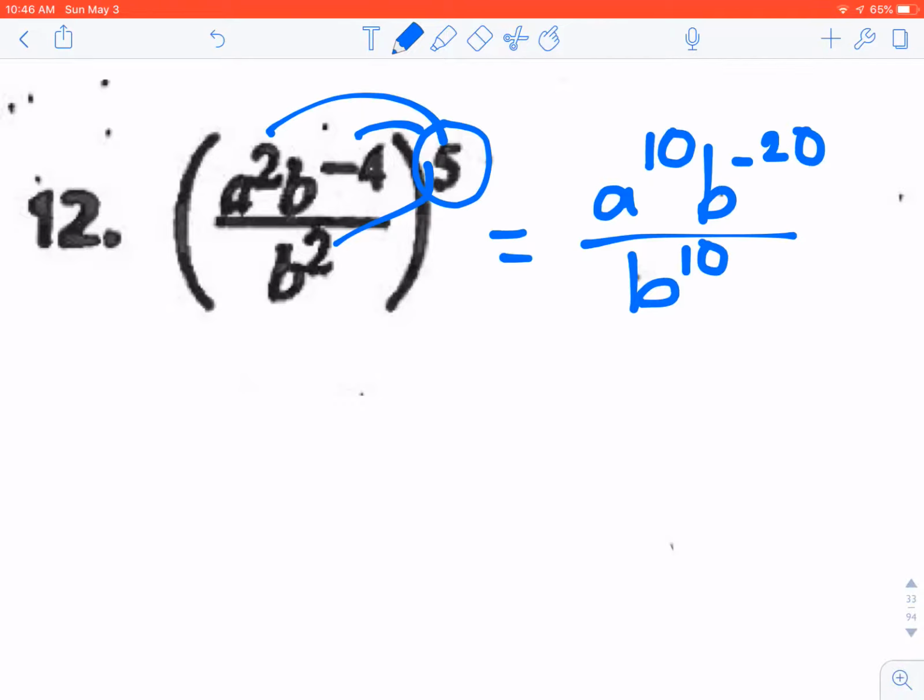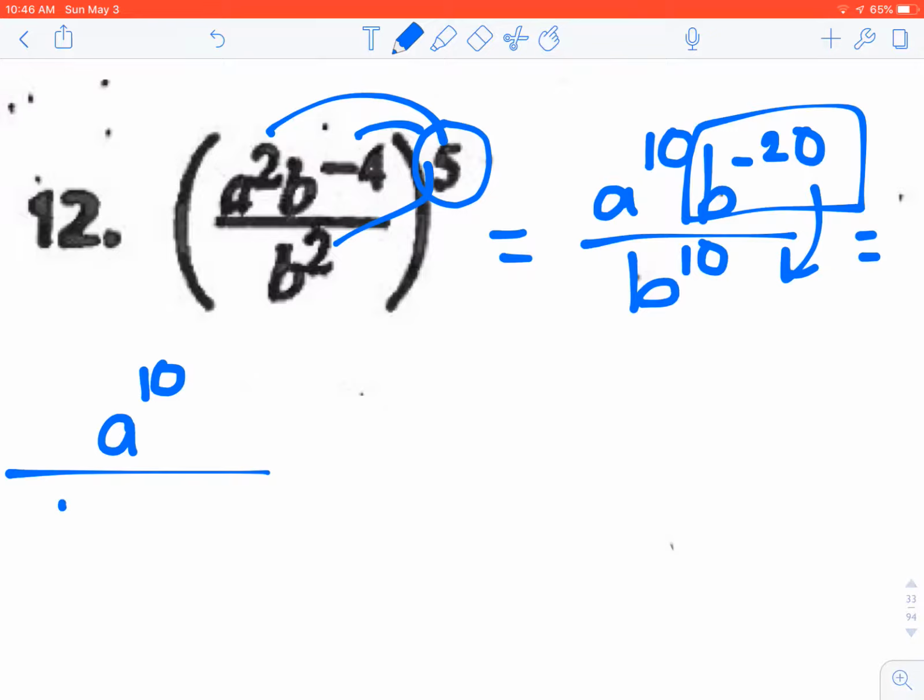Once you multiply that exponent to all other exponents, now we're going to go to step 2, move the negatives to the opposite side. So a to the 10th is on top. The b to the 10th is still there, the one that we didn't move. That b to the negative 20th moved to the bottom and became positive.